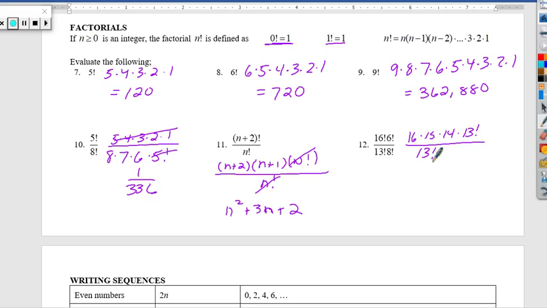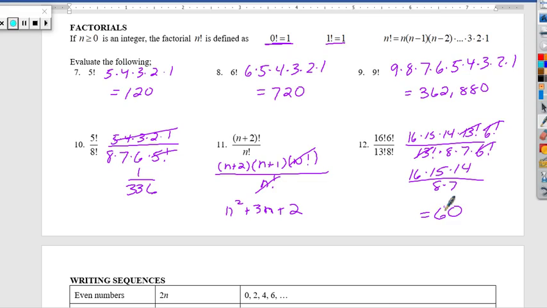Then we're going to start with 8, so it's going to be times 8 times 7 times 6 factorial, of which we have a 6 factorial in the numerator. This will cancel here. These will cancel. And what we wind up with then is 16 times 15 times 14 all over 8 times 7, which gives us a total of 60.